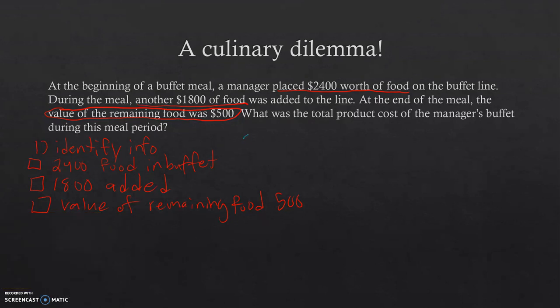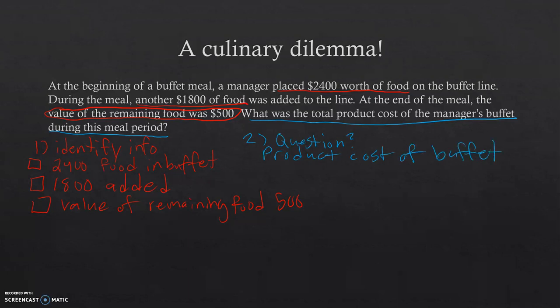So the next part is question. You need to identify the question and put it in your own words. What was the total product cost of the manager's buffet? So the question is product cost of buffet. Put it entirely in your own words, and notice that I'm using a different color here.